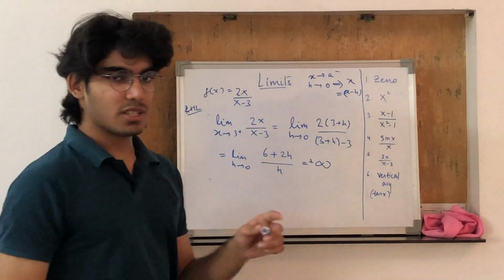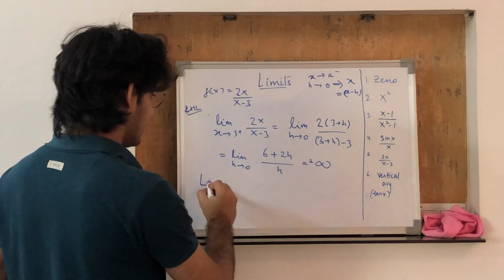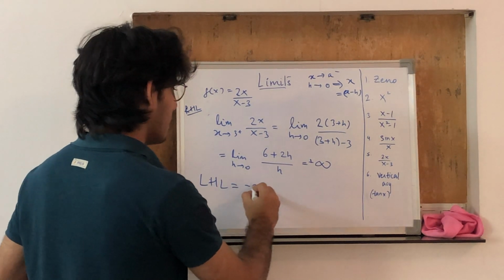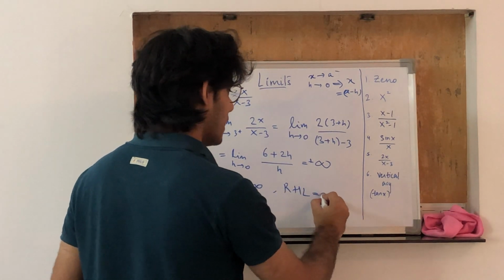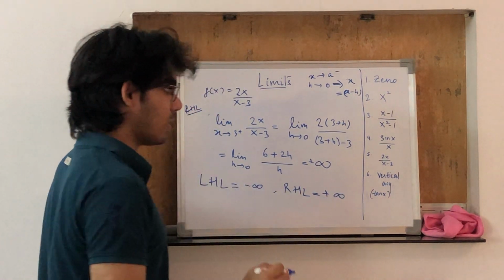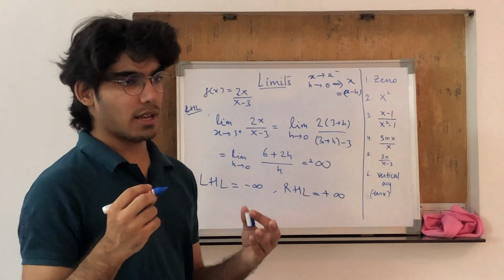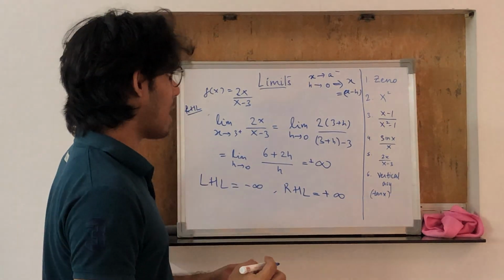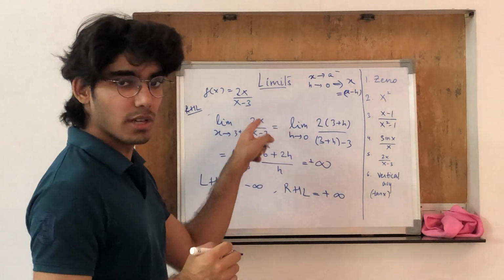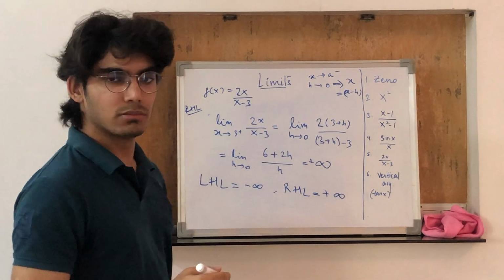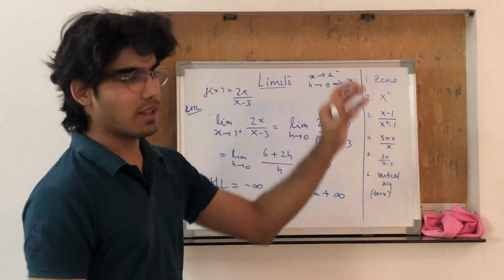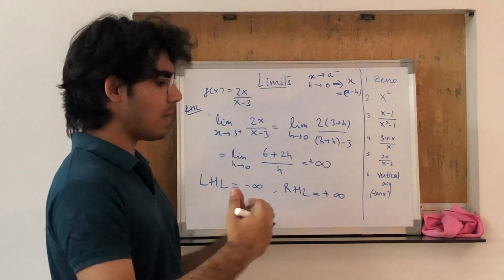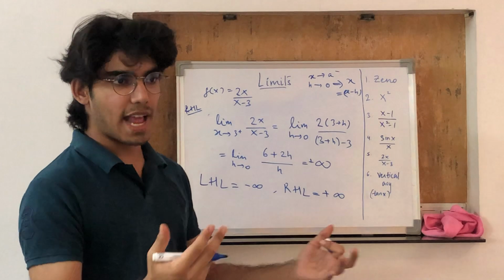So now we know that the LHL, the left-hand limit, is equal to negative infinity, and the right-hand limit is equal to positive infinity. So can we make a conclusion about what happens to this function when x tends to 3? The overall final conclusion, because you have the left-hand limit and the right-hand limit, and then you have the final answer, right?